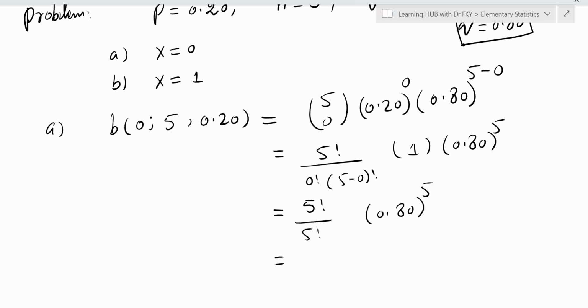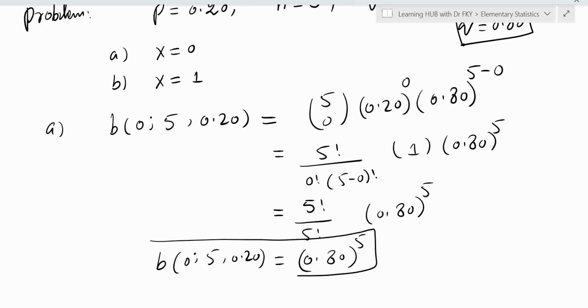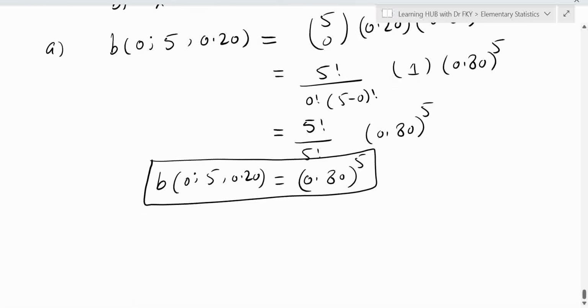So this one can be cancelled and this is the probability. You can simplify this just by taking the power 0, 5 and 0.20. So this is the probability for this question.